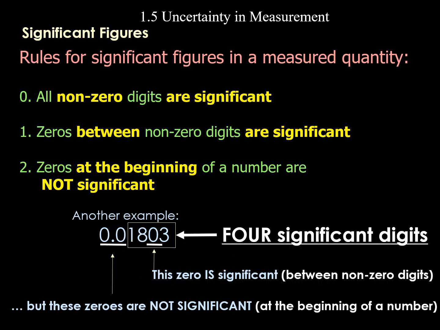In this case, the same idea: any zeros between 2 non-zero values. The 0 is between the 8 and the 3, and that would be considered significant. So in this question, how many significant figures? It's 4, and they are 1, 8, 0, and 3.